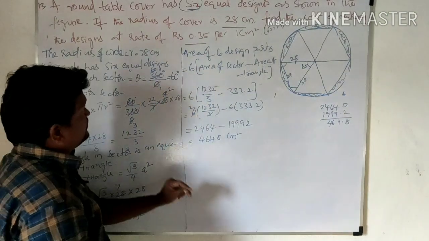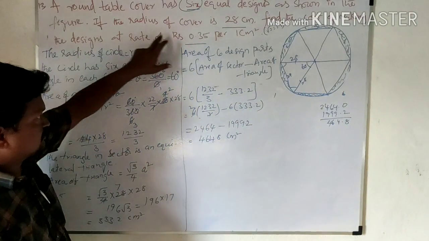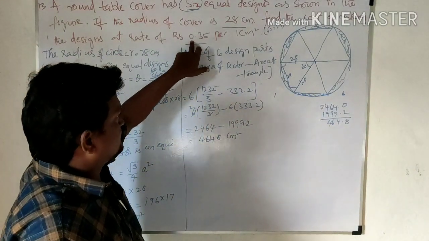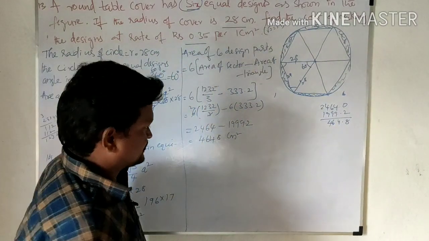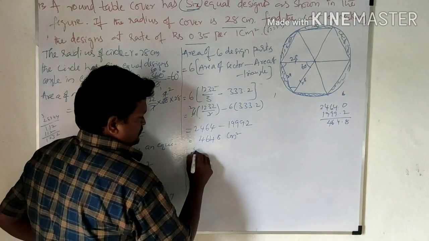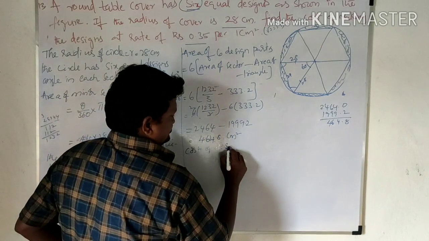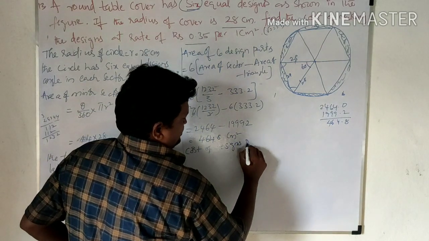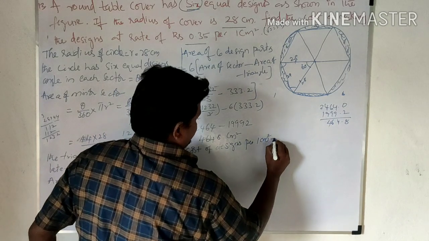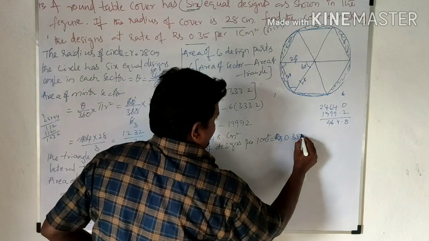Now we have to find the cost of making designs at the rate of 0.35 rupees for 1 centimeter square. For 1 centimeter square, the cost of designs is rupees 0.35.